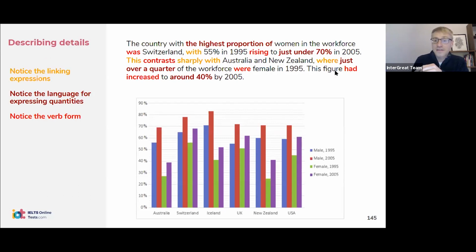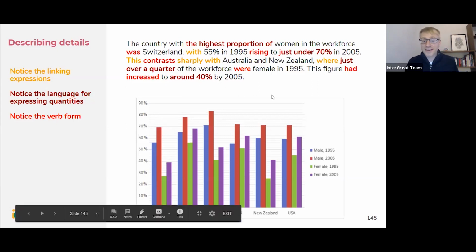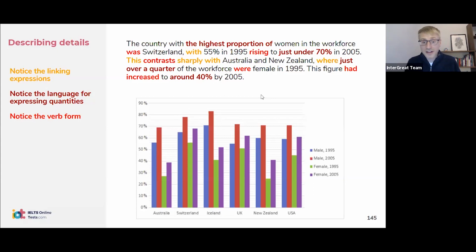Okay, this figure is talking about the women in the workforce from Australia and New Zealand, and it's saying this figure had increased to about 40% by 2005. Yep, this is why we're practicing it, Oluwaseun. It is quite complex, okay? But hopefully this will help you to analyze it quickly and to describe it quickly.